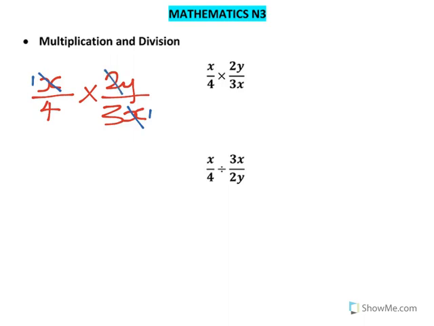And the 2 can cancel there: 2 into 2 is 1, 2 into 4, you'll get a 2. And you multiply now in this direction, and in that direction.